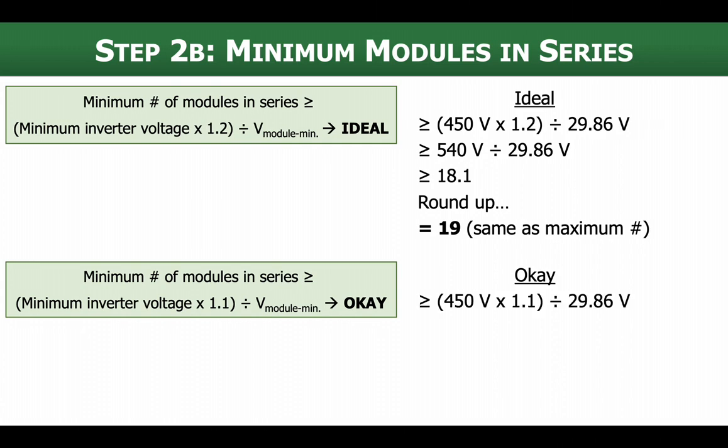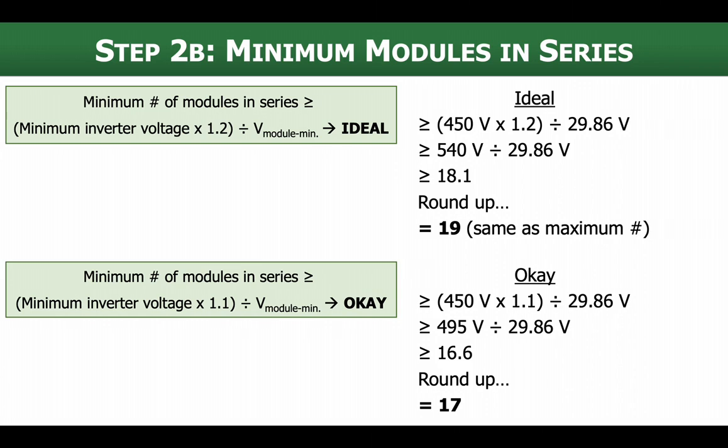What about an okay world where we're only taking 110% of that input minimum? Well, we see that we are going to, in this case, be targeting 495 volts divided by that same temperature-corrected module minimum voltage of 29.86. 16.6, we're rounding up, tells us that we need 17 in series. So 17, 19, we got two different values for the minimum here.